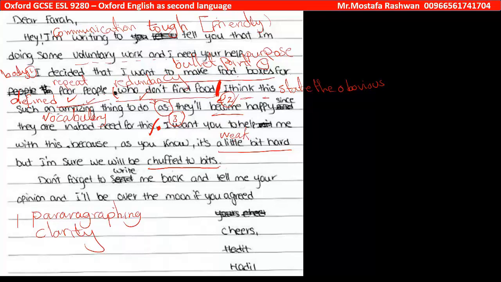You want your friend here to help you just because the work is hard? Terrible. So the reason here is really weak, and it's not convincing. So we can say again, ideas here are not well developed.